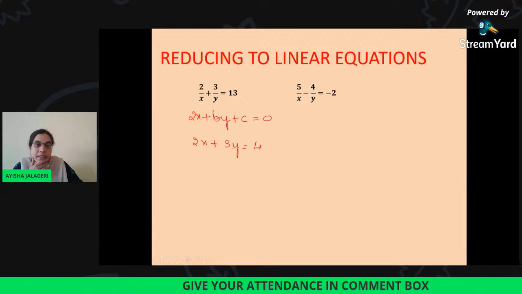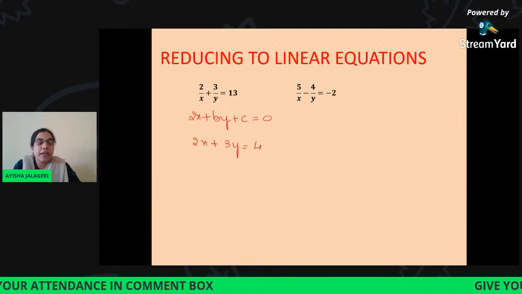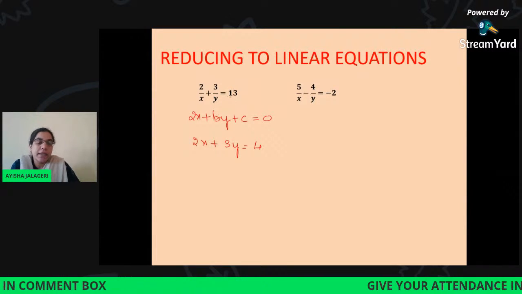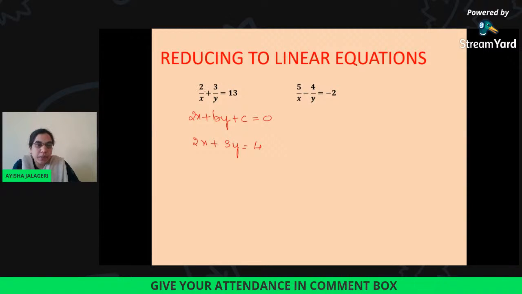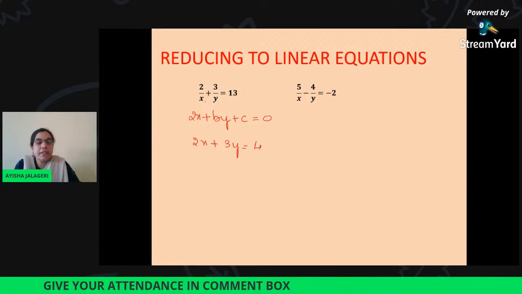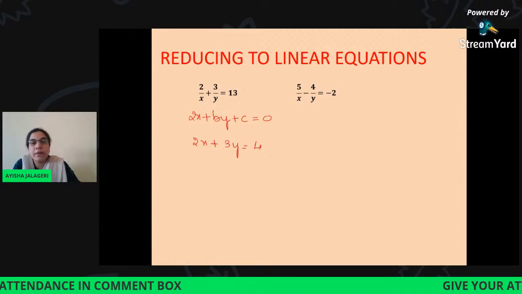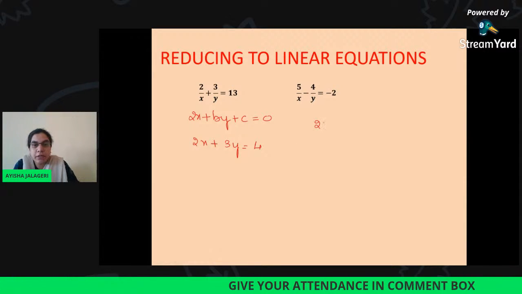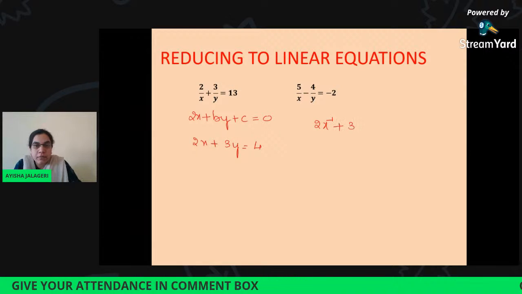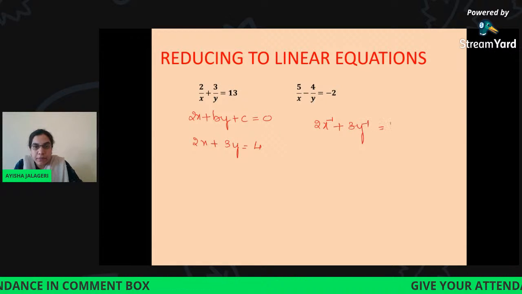But if you see this particular equation, 2 by x plus 3 by y is equal to 13, in this case, if you observe, the power of x is going to be negative. The power of x being negative means, if you want to take the x of the denominator to the numerator, you are going to make the power of the variable negative.